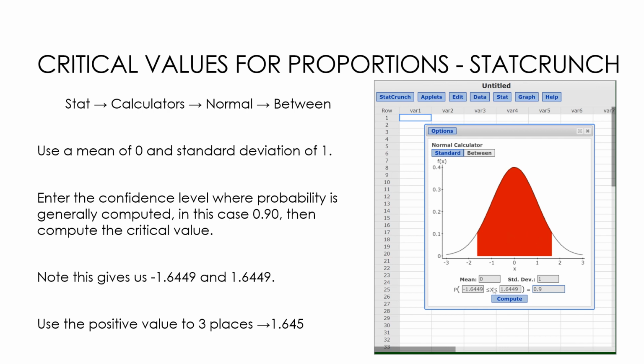And notice what happened is it gave me negative 1.6449 and positive 1.6449. So typically we're going to use this to 3 places.